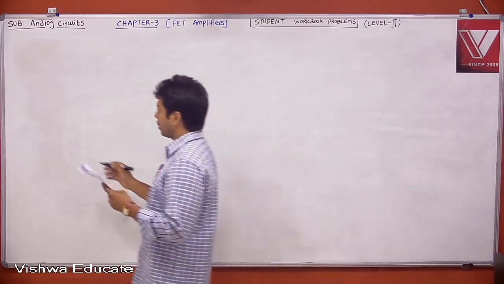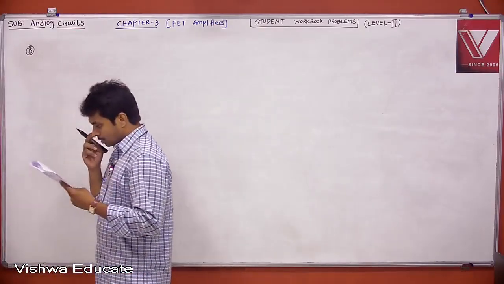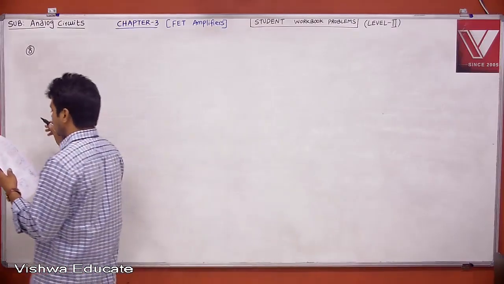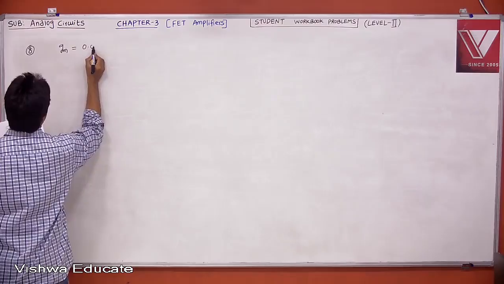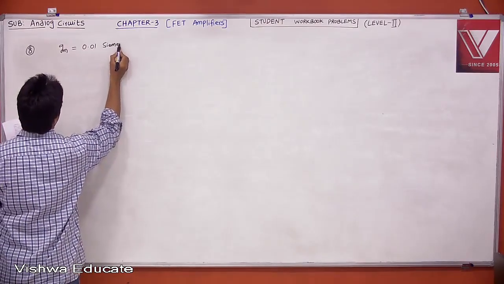The circuit shown in the figure: transistor M1 is in saturation and has transconductance gm equal to 0.01 Siemens, which is ampere per volt.